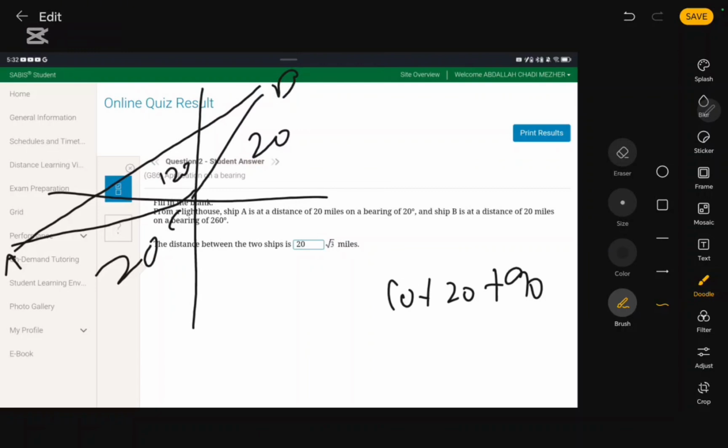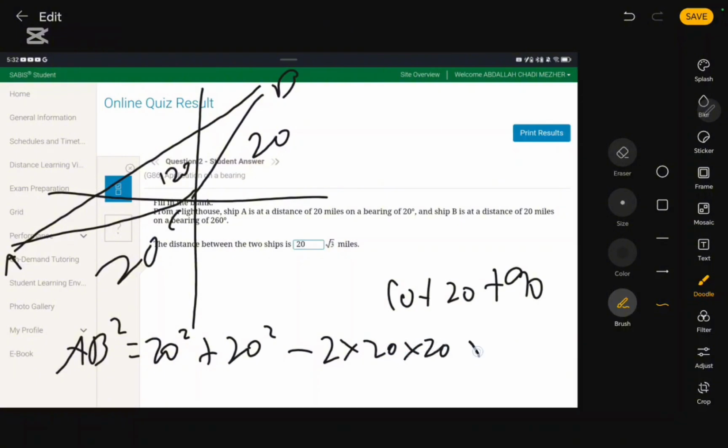So AB squared equals 20 squared plus 20 squared minus 2 times 20 times 20 times cosine 120. And you get the answer, you radical your answer, and you get 20 radical 3. So that's the answer for the first one.